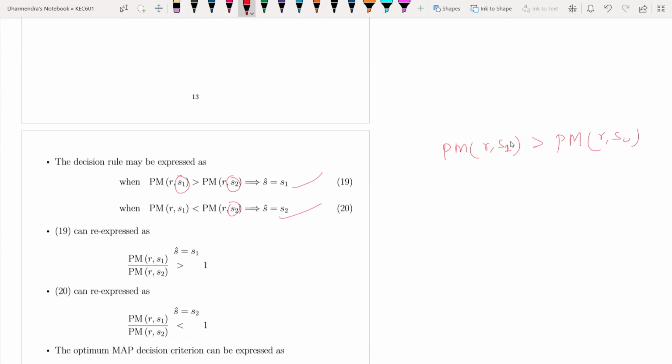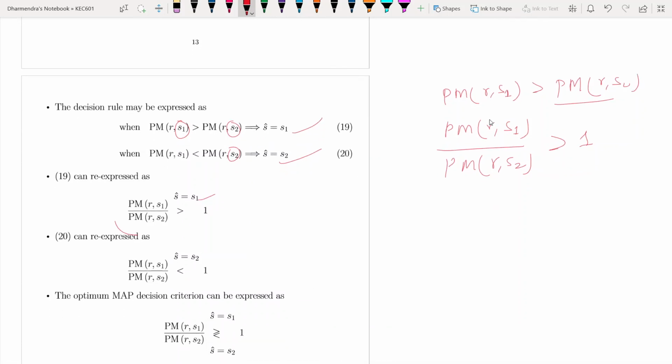Divide both sides by this term, so I can write the ratio of both, which is greater than 1. If this is greater than 1, S hat will be equal to S1. Again, the other inequality can be re-expressed by dividing, so if it is less than 1, the decision will be S hat equal to S2.